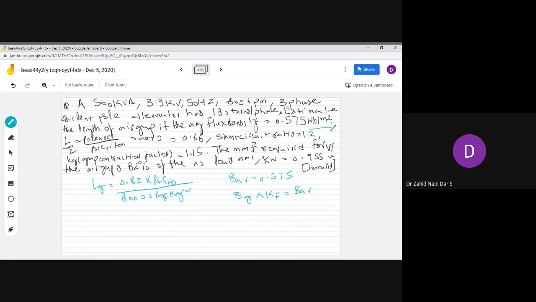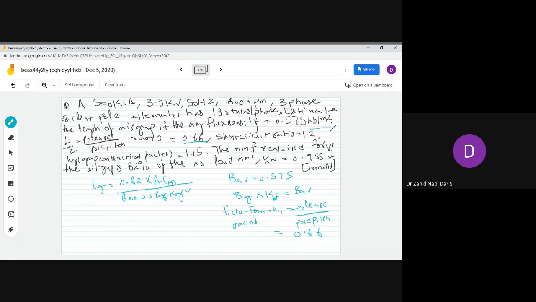The pole arc to pole pitch ratio can be taken as the Kf value, that is the field form factor, which is given here. This is the field form factor Kf, the pole arc to pole pitch, so you can take this as the Kf value, and it is also given.